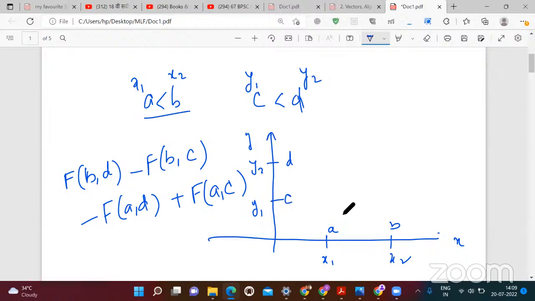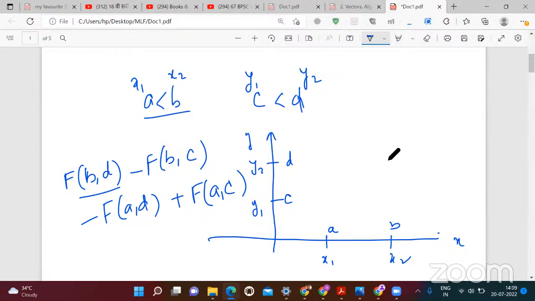If I'm having a plot, F of B comma D is here.